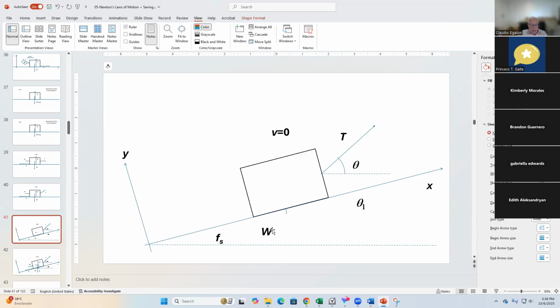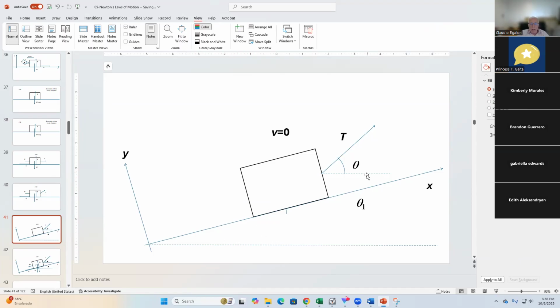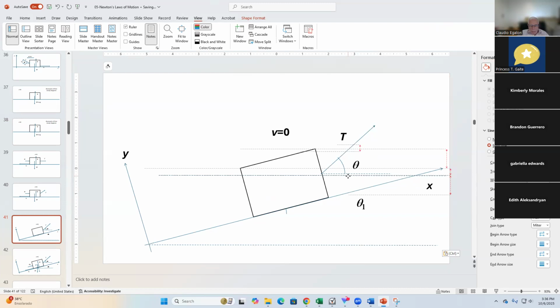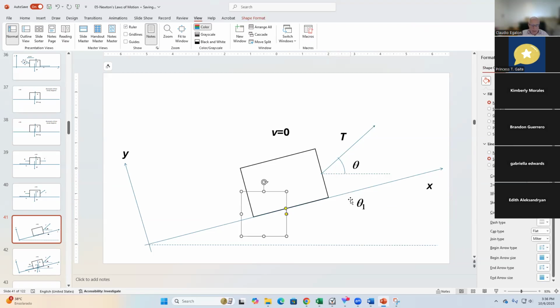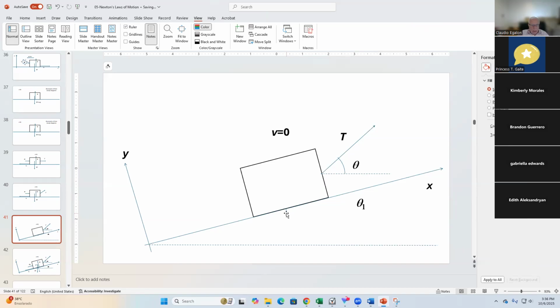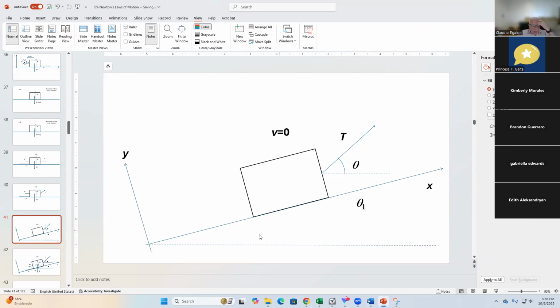And because the object now lies on an inclined plane, something changes slightly. Let me put that right here.